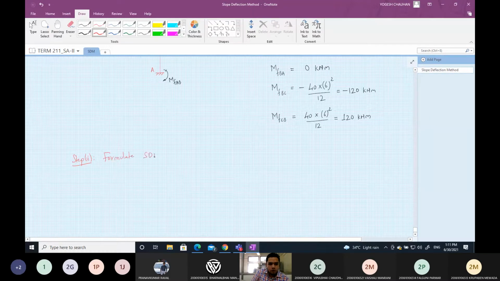Formulate the slope deflection equation and apply constraints.